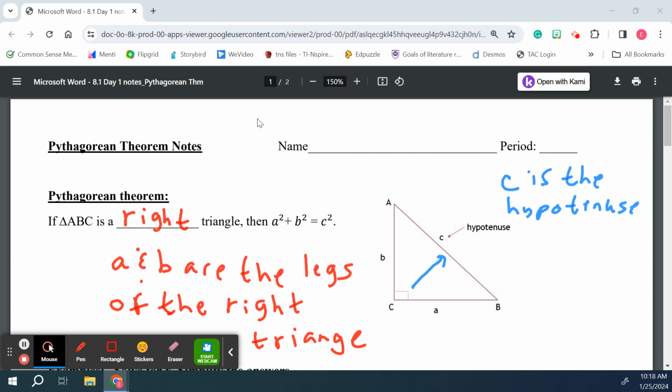When you work on these, I highly recommend that you always identify the hypotenuse first so that you can understand where the legs are after that, because the legs are just whatever's not the hypotenuse.